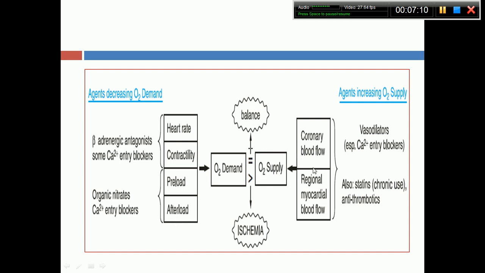Then for oxygen supply, we have coronary blood flow and regional myocardial blood flow. Vasodilators, especially calcium entry blockers, will increase coronary blood flow, thereby trying to meet the demand of the myocardium and relieve the ischemia, thereby maintaining the balance and ultimately relieving the angina.